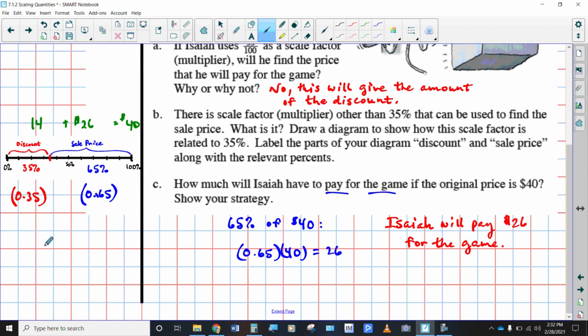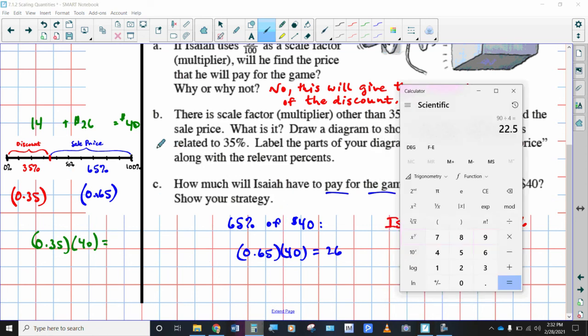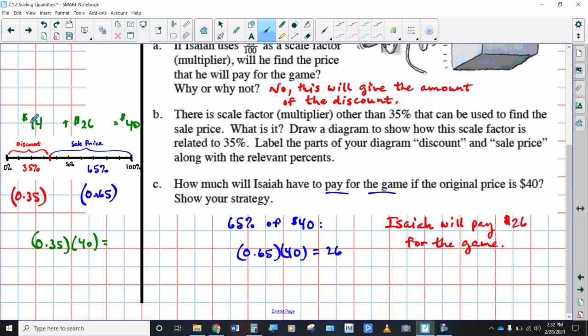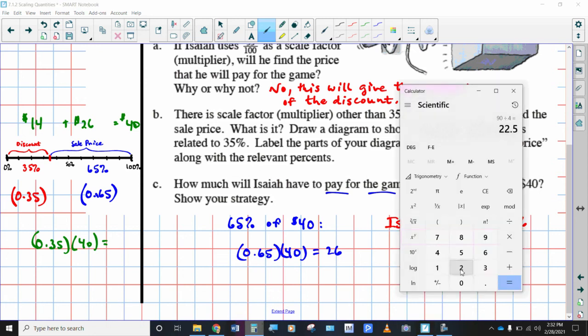I'm going to see if 0.35 times 40 gives us $14. It absolutely should. If it doesn't, then this entire theory is 100% wrong. But I'm guaranteeing you it's not wrong. So we're going to take $40 and multiply it times 0.35, and that will give you the amount of the discount, which was indeed $14. Because 14 plus 26 gives you the total.